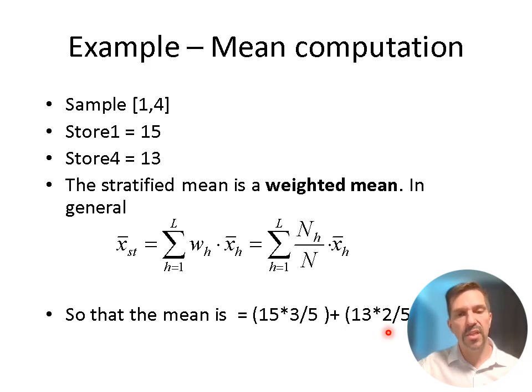And you do the same thing with the small store. But of course, that weight is going to be diminished. It's going to shrink to 2 divided by 5. Why are you dividing by 5? At the end of the day, we want an average, so we divide by 5 because that's the total size of the population. Notice if I multiply this by 3 and I multiply this by 2, it's the same as adding 3 times 15 and adding 2 times 13.